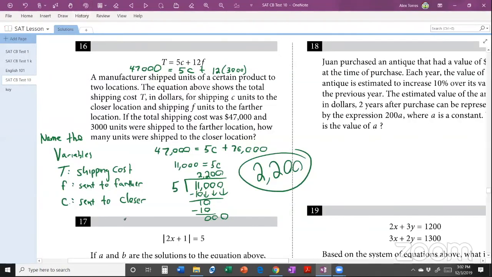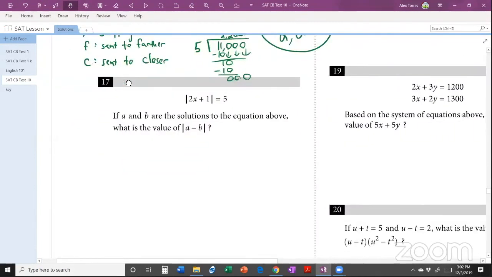So now we're going to number 17. So A and B are the solutions. What's the value of absolute value of A minus B? So a lot of moving parts here, but we do need to know that in a situation like this, we have the two scenarios.